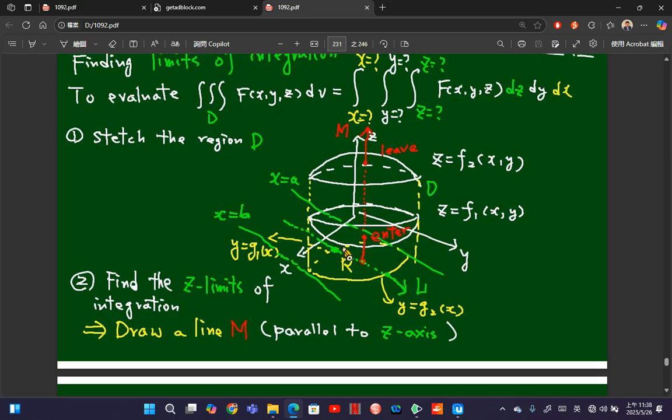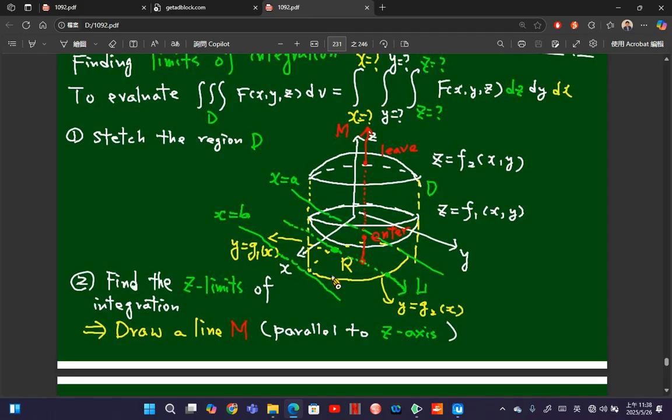That will form the region R. The original region is D, but when you project these two surfaces onto the xy plane, you will see a region R here.